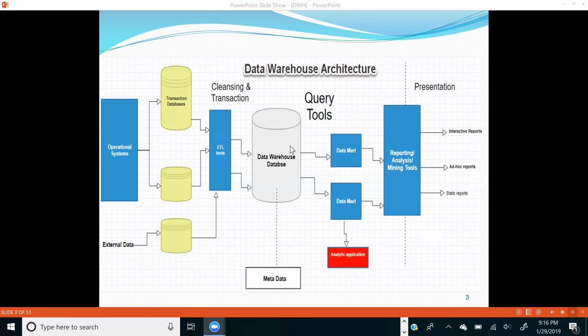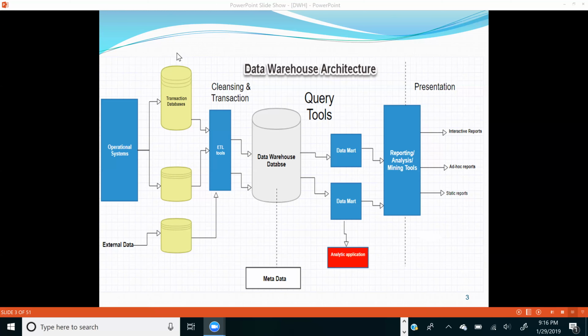This data warehouse is referred to as an OLAP database, online analytical processing database, and the transactional databases are called OLTP, online transaction processing databases.